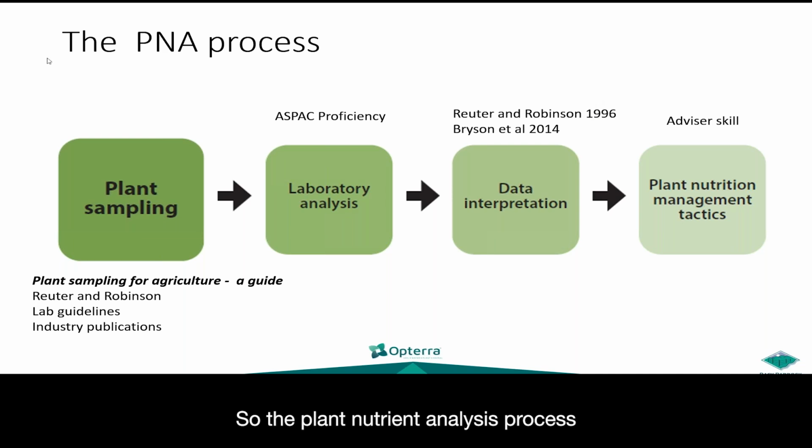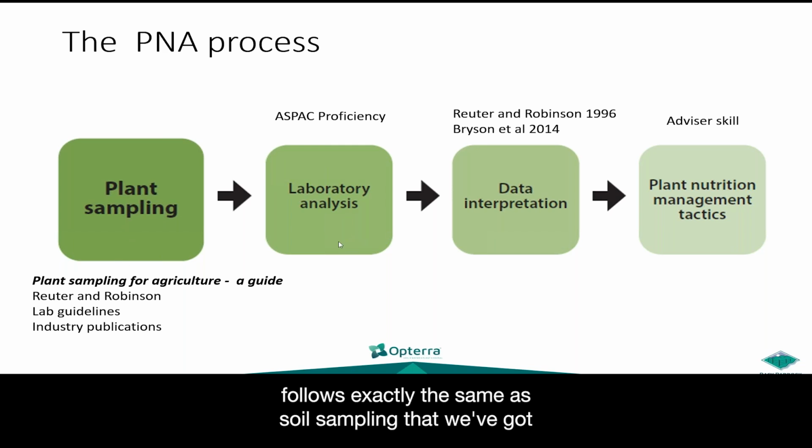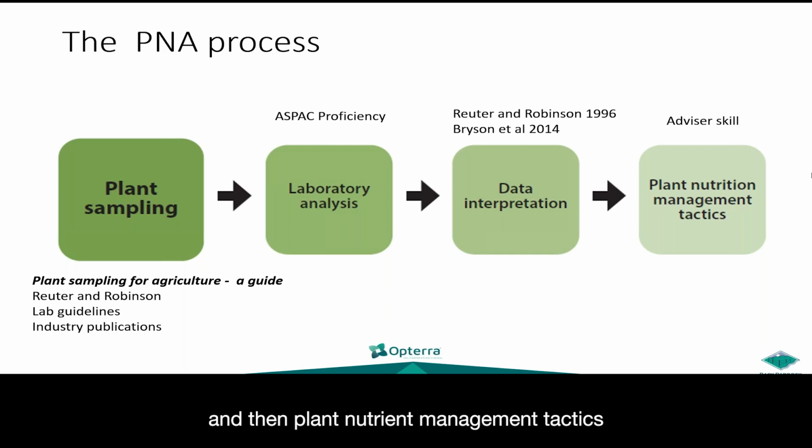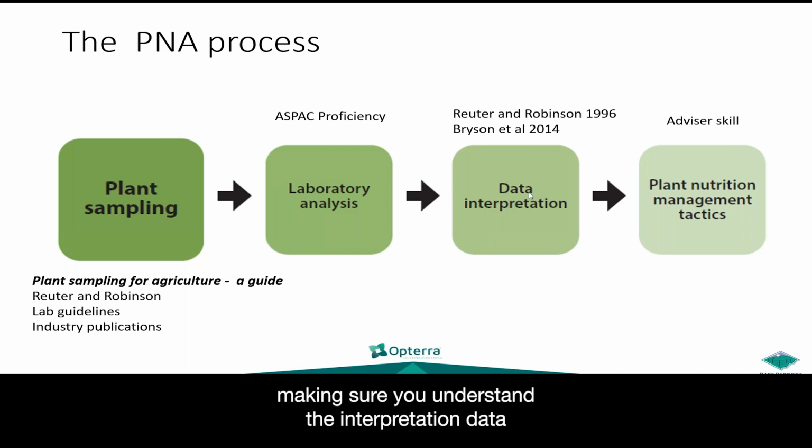So the plant nutrient analysis process follows exactly the same as soil sampling: we've got sampling, laboratory analysis, data interpretation, and then plant nutrient management tactics that come from the interpretation. It is very critical, when determining what I should do about sampling, making sure you understand the interpretation data that you're going to be coming from first.